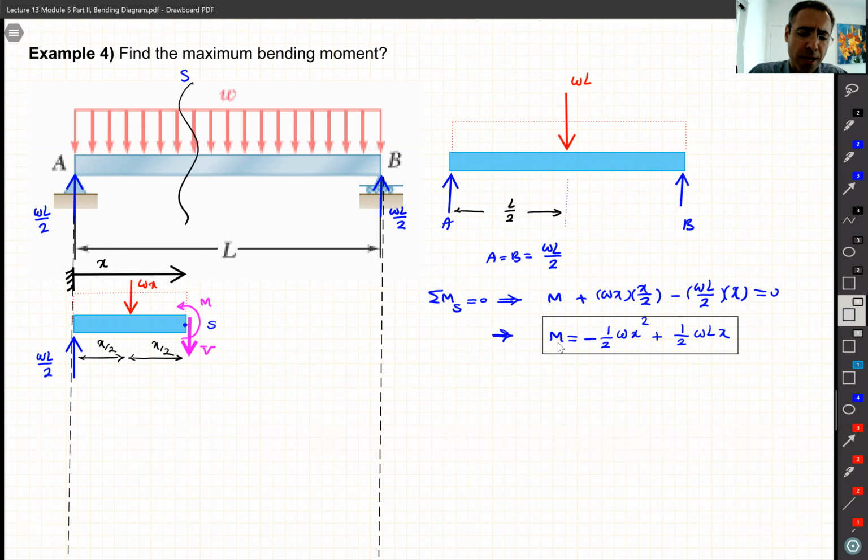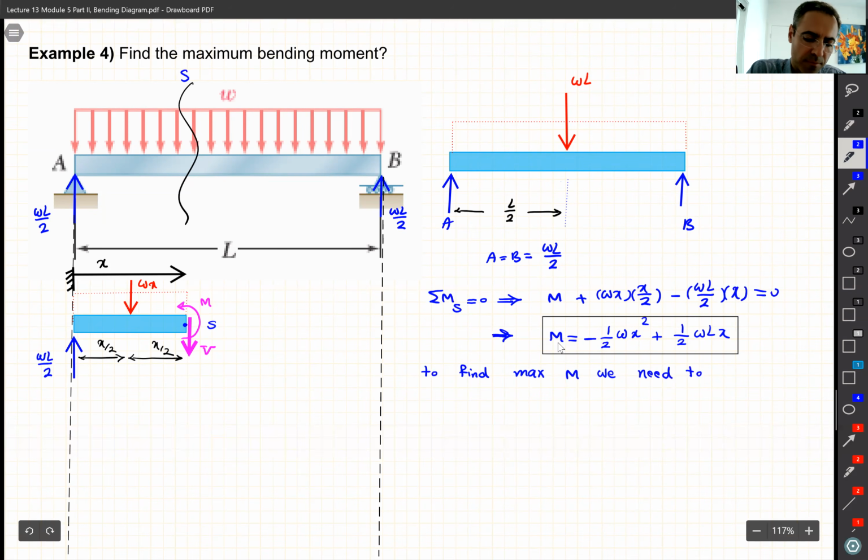If I want to find out the maximum M, I need just to take the derivative, right? To find max M, you need to write down dM divided by dx equal to 0, right? Always in math, remember when you wanted to find out the maximum of a graph or a function, you just take the derivative.